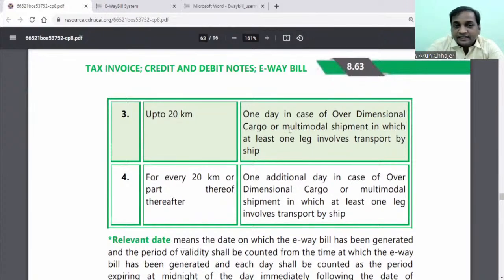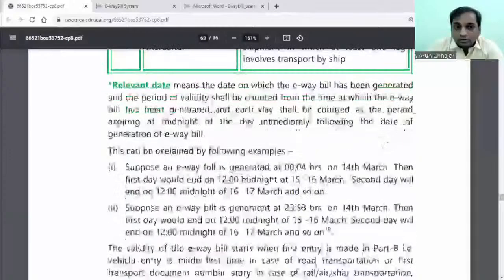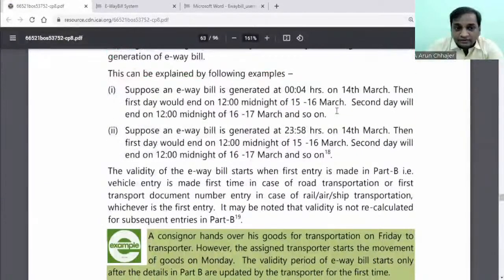That is the reason they have given the shorter distance, 20 kilometers in one day. Can there be multiple vehicle numbers? No, only one vehicle number. If there are perishable goods, then the information in the e-way bill will not match, so it has to be matched accordingly.